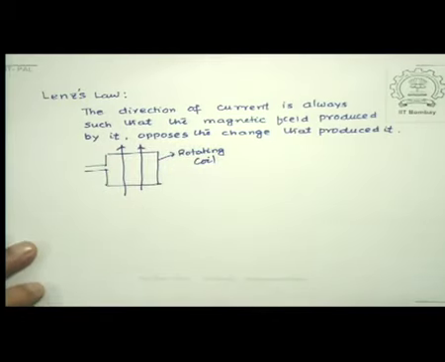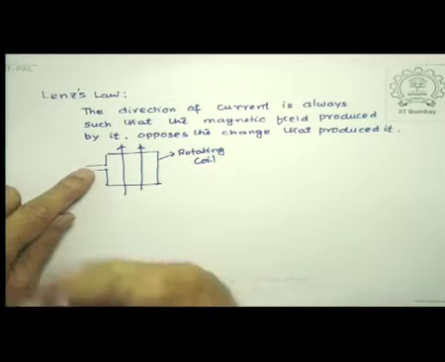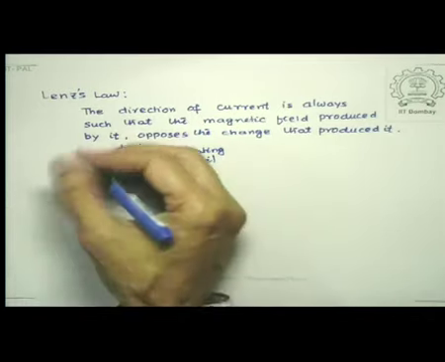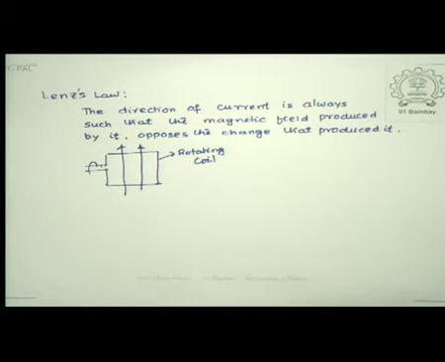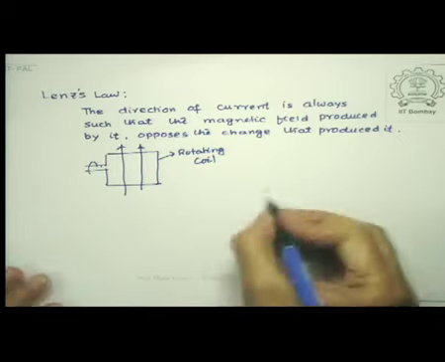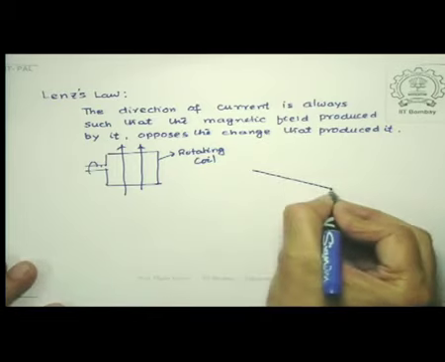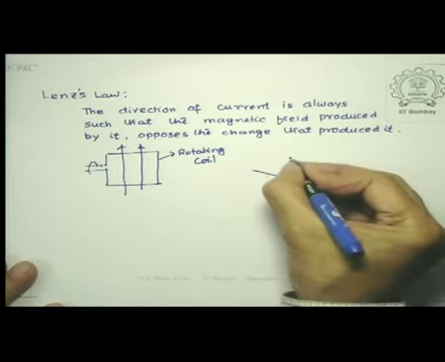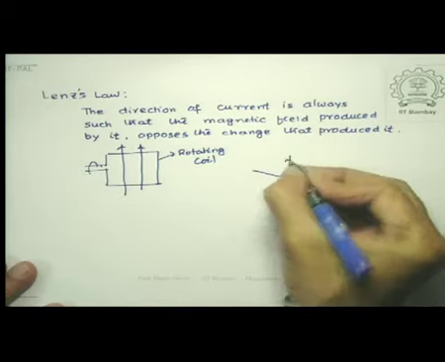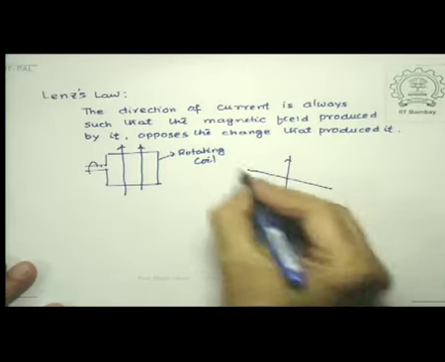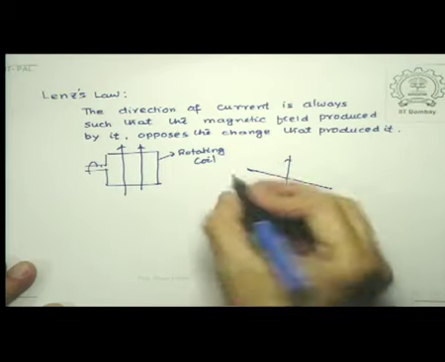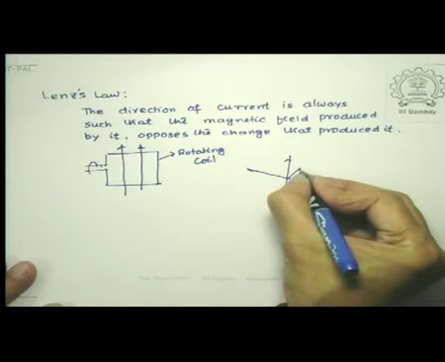And the coil, of course, moves around this axle. And suppose the direction of B makes an angle theta with the perpendicular to the plane of the coil. So let me represent it like this. Supposing this is the direction of the magnetic field, and this is a section view. So this angle is theta.